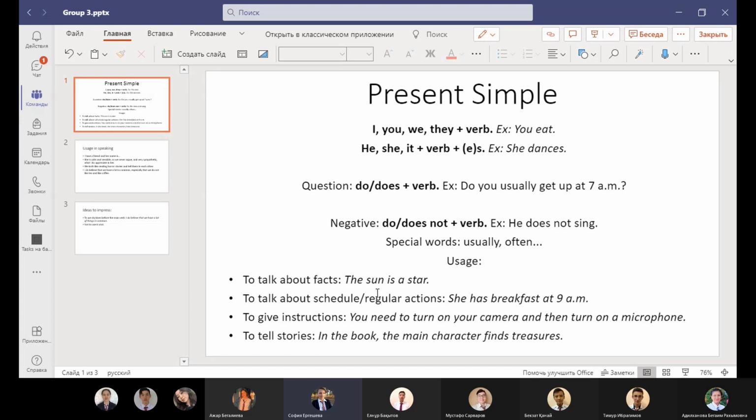The sun is a star. To talk about schedule or regular action. She has breakfast at 9 a.m. To give instructions. For example, you need to turn on your camera and then turn on a microphone. And the last, but not the least, to tell stories. For example, in the book, the main character finds treasures.